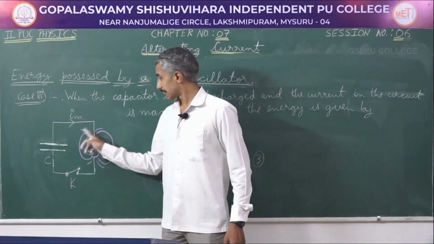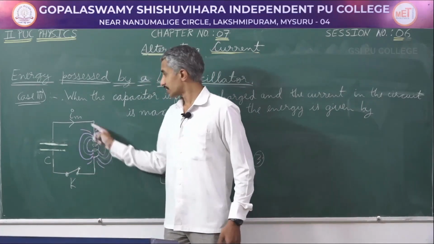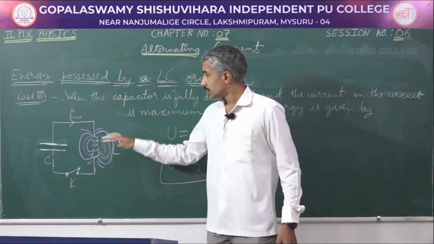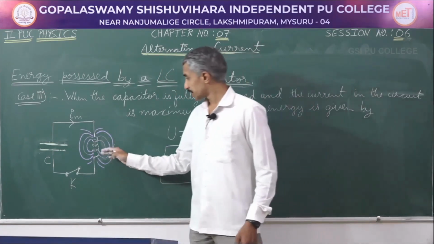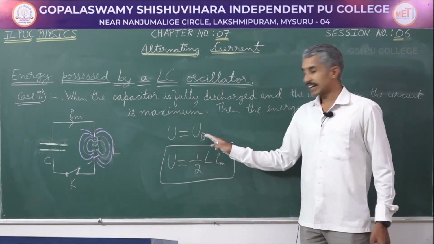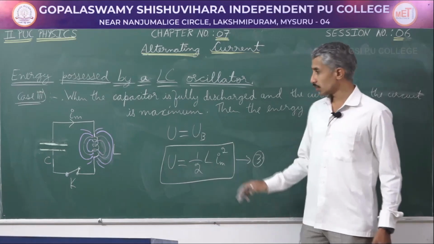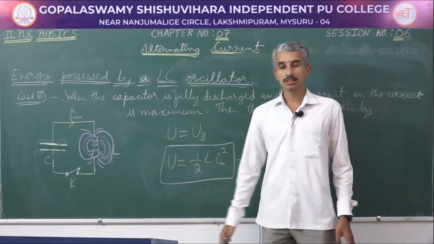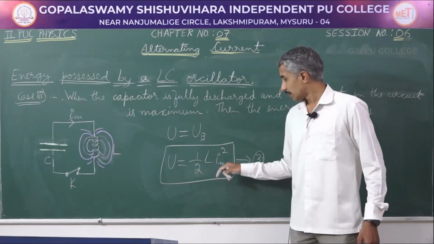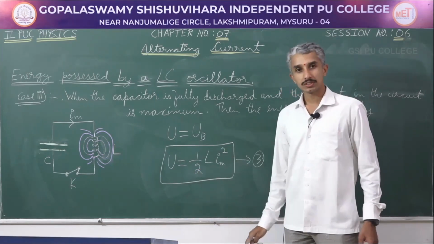In that case, the current through the inductor or in the circuit is maximum. Therefore, all the energy is possessed by the magnetic field of the inductor. So, the energy is entirely magnetic. There is no energy possessed by the capacitor, and the energy in this case is half L I maximum square.